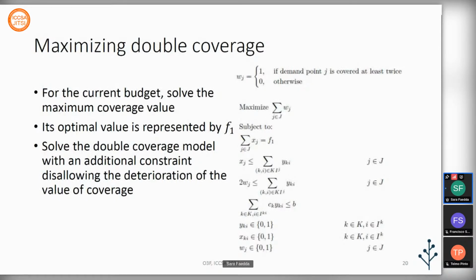In the second objective, we have another mixed integer programming model where there are decision variables to represent if a point is covered twice or not, which are the double D. After solving the first problem that I showed you before, we have to fix the first objective at a constant value, the optimal value of the previous MIP, and then optimize this.